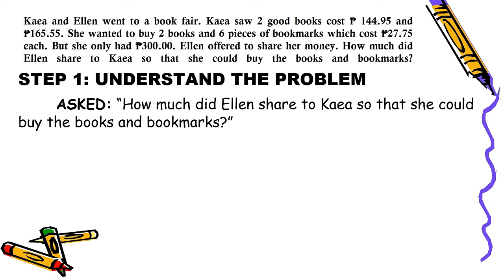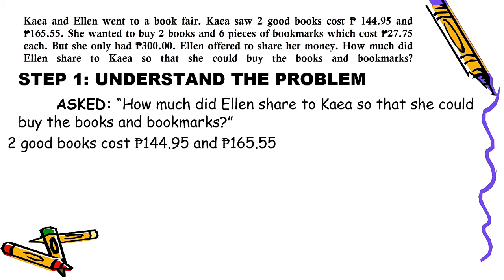After that, you have to write the given facts or the important details in the word problem. These are usually the numbers and information that are shown and stated in the problem.